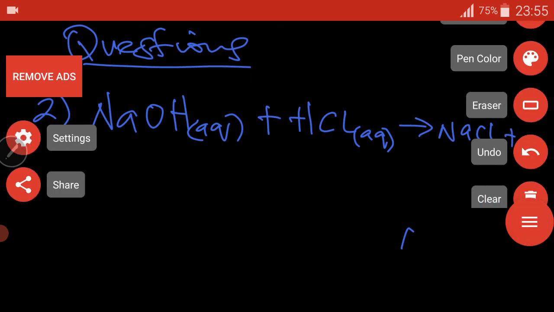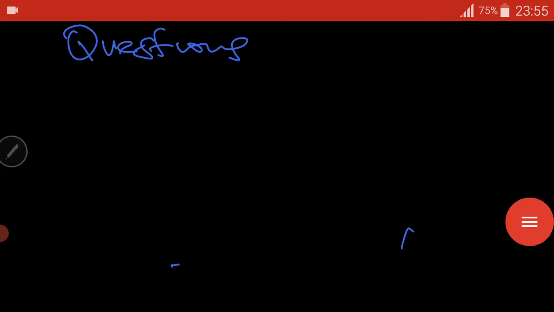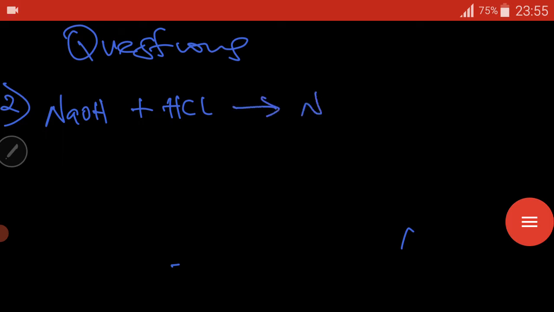Sorry for the space, I'm trying to minimize my compounds.